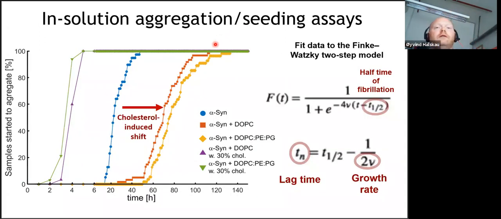So now that we had the nanodiscs, we were ready to do our first misfolding aggregation assay, which we essentially performed in well plates, and we used a well-established fluorescence assay called the ThT aggregation assay.